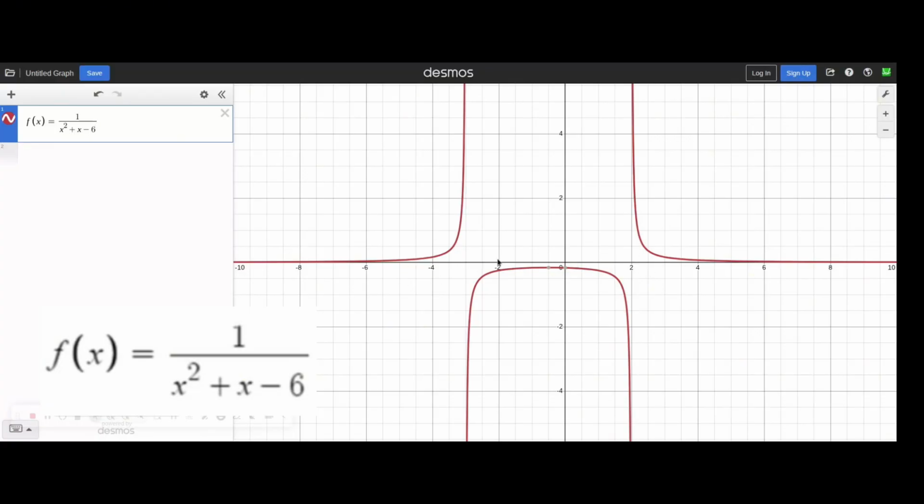Those numbers make the denominator equal to 0. And when the denominator of a fraction is 0, it is undefined at those moments. And we have little explosions that we're going to talk about in a little bit. But that is graphing that function right there.